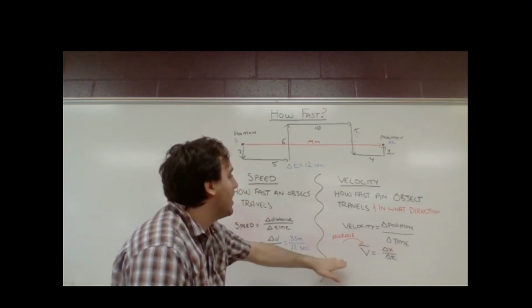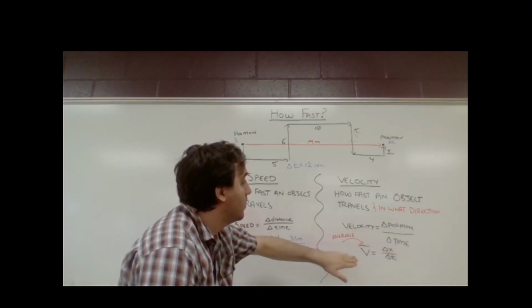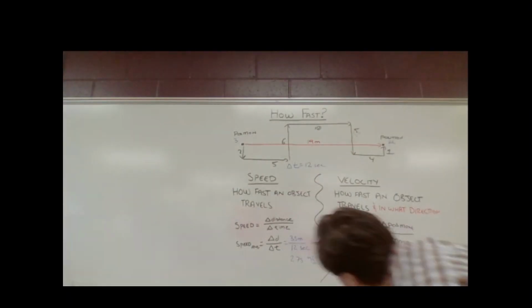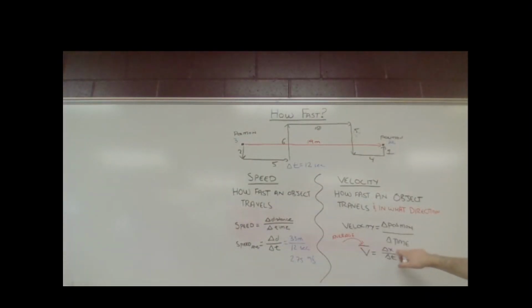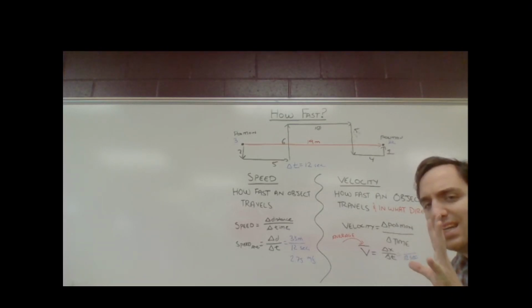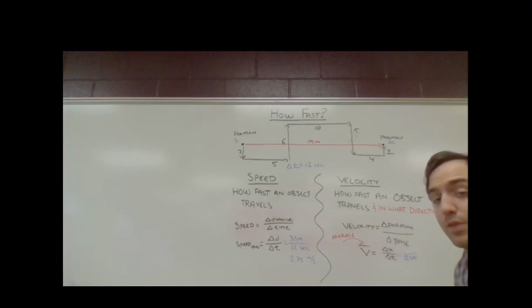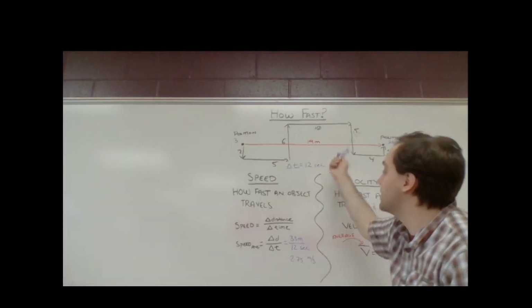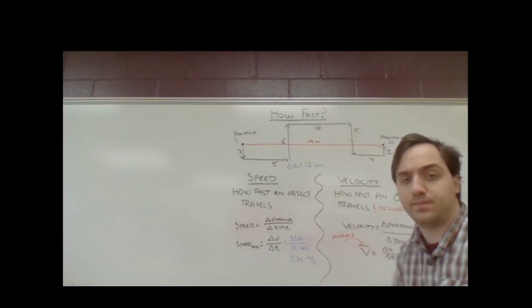On the other hand, we have our velocity. Our velocity is our change in position, or our displacement over time. The time hasn't changed. It is still the 12 seconds I measured earlier, but the displacement is not the 33. It's this 19 we measured to the right.